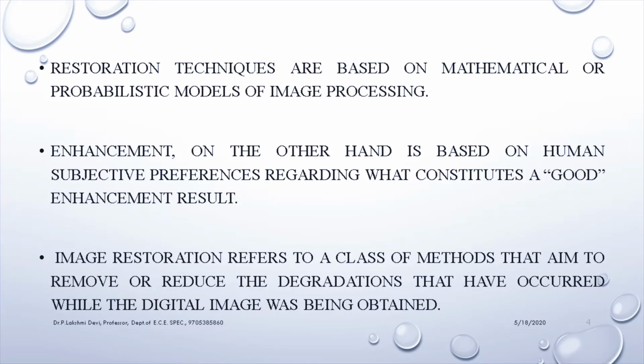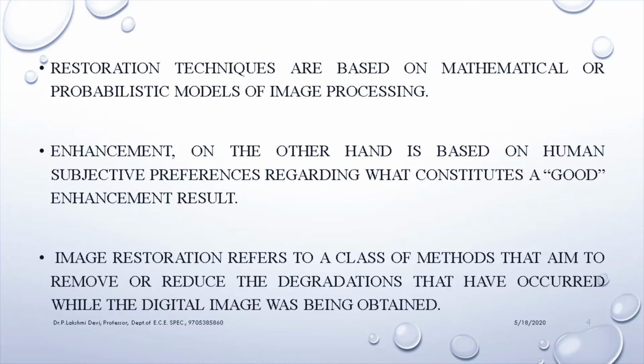Restoration techniques are based on mathematical or probabilistic models of image processing. That's the reason we call the restoration process an objective process. Enhancement is a subjective process; restoration is an objective process. But both enhancement and restoration are meant for improving the quality of an image.